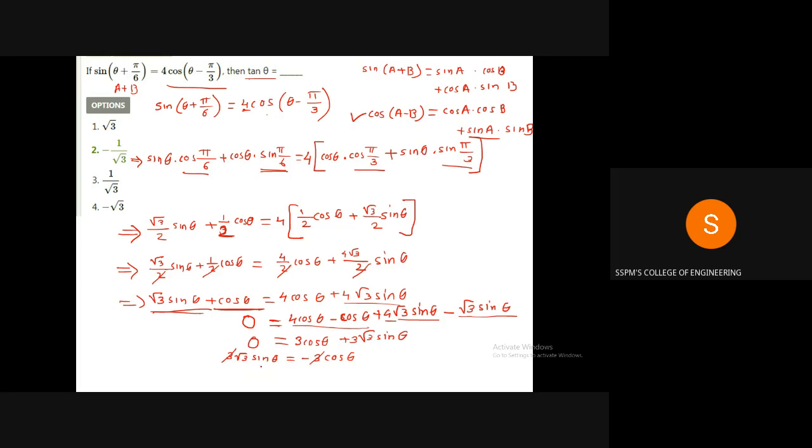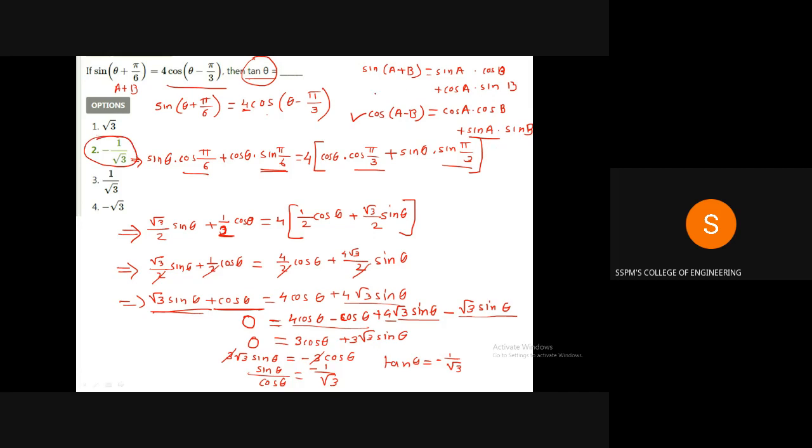Therefore, if we divide sin theta by cos theta, we will get sin theta divided by cos theta is equal to minus 1 upon root 3. What is sin theta divided by cos theta? It is tan theta. Tan theta is equal to minus 1 divided by root 3. So that is our answer. Tan theta is equal to minus 1 divided by root 3.